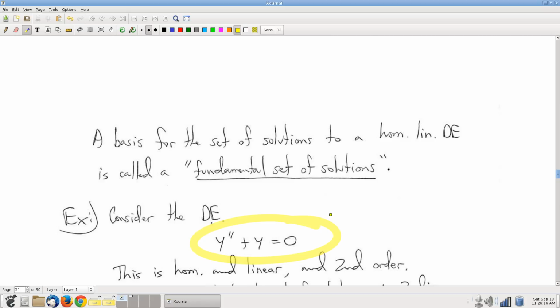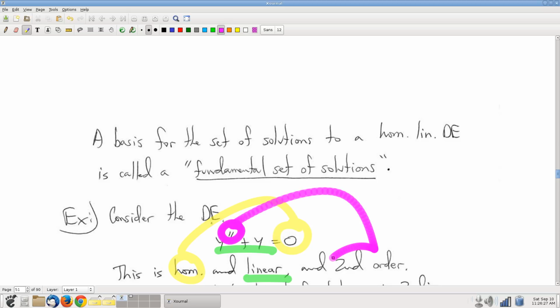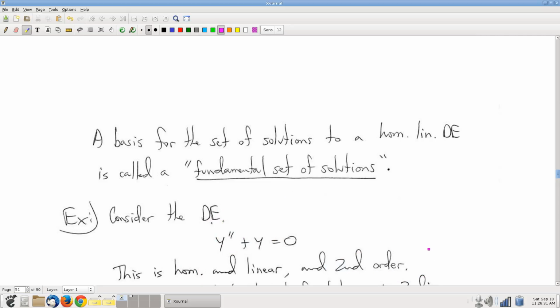Okay, that in mind, we do note that it's homogeneous. We see from the form of the left-hand side that it is linear. And you notice that it is second order. You furthermore notice that these coefficient functions, being as they are 1, and there's a 0 y prime in there, and then this 1 y, all those coefficient functions are continuous.